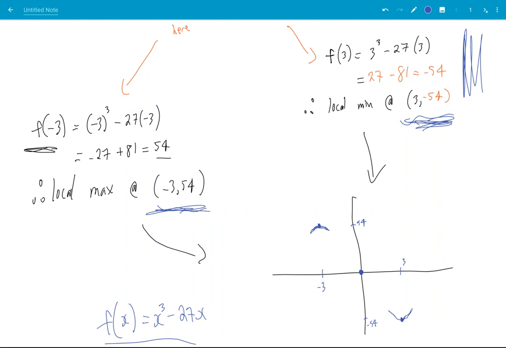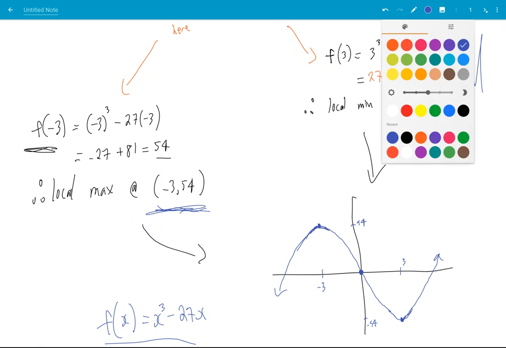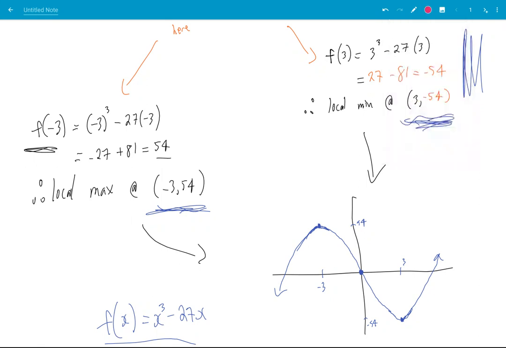And for now, I'm just going to connect the dots in a reasonable way. So how do I know something weird isn't happening? How do I know something like this is not happening?